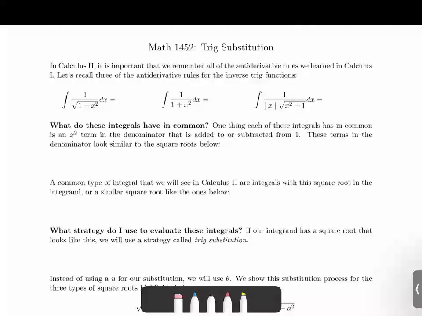Specifically, the three we're going to look at in this video series are the antiderivative rules for the inverse trig functions. Each of these integrals looks similar, but I want to point out some key differences between them. Because they are all positive, these are going to be the antiderivatives for inverse sine, tangent, and secant.